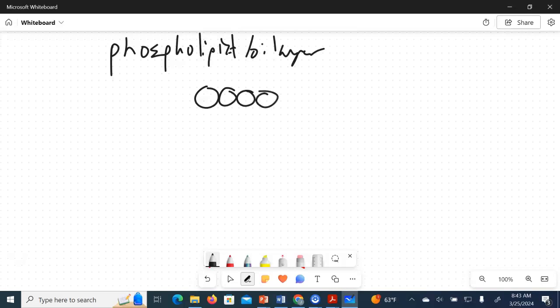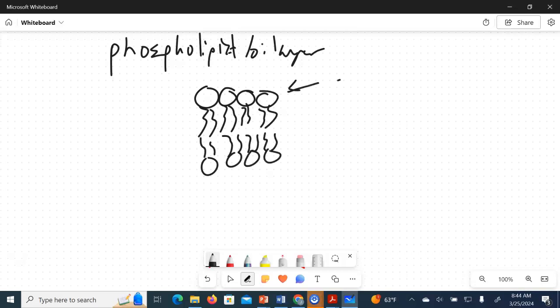All right. Remember that your cell membrane is a phospholipid bilayer. So that means that we get our structure that looks like this: phosphate heads, fatty acid tails.